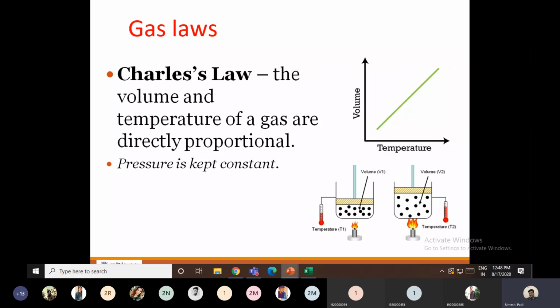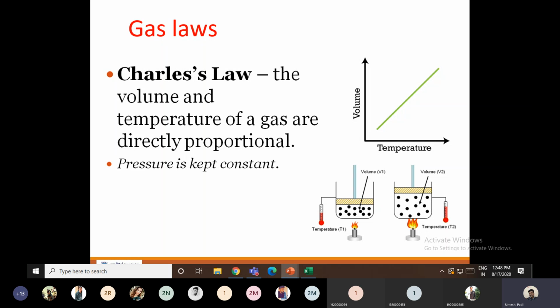And according to Charles law, when pressure is kept constant, volume is directly proportional to the temperature. This is the statement of Charles law. I am repeating the statement: according to Charles law, temperature is directly proportional to volume when pressure is kept constant.